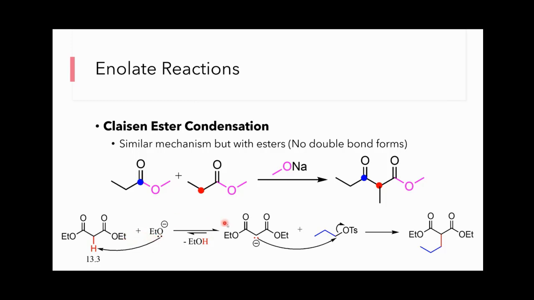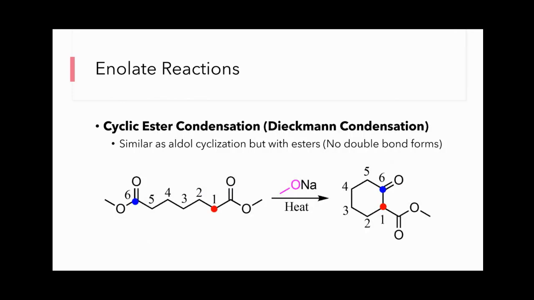So this enolate will react to this carbon, and it will kick off this ether group. Same thing, where this is the leaving group. That's why you maintain this carbonyl over here, because this one doesn't leave.